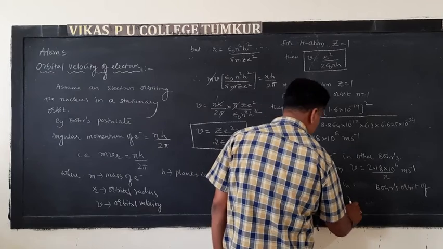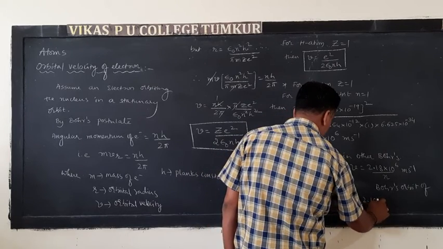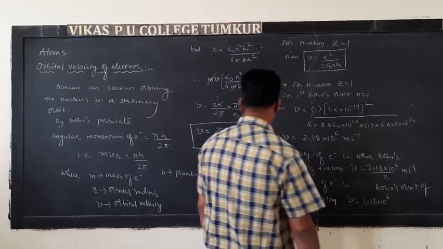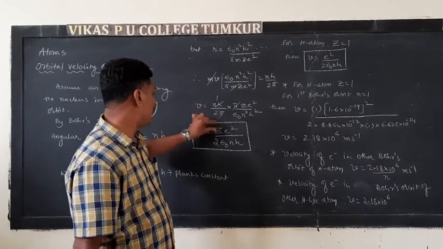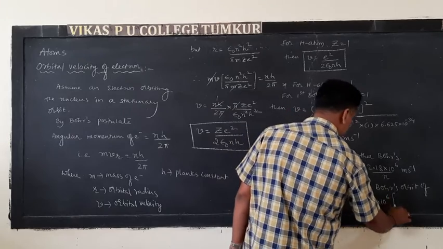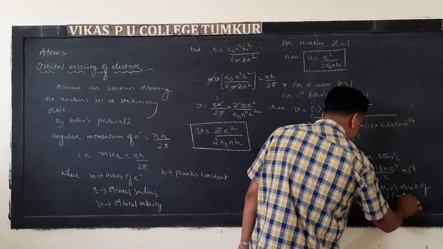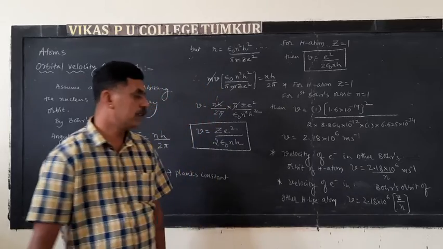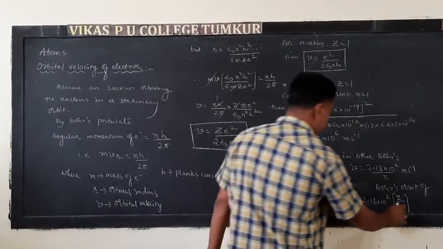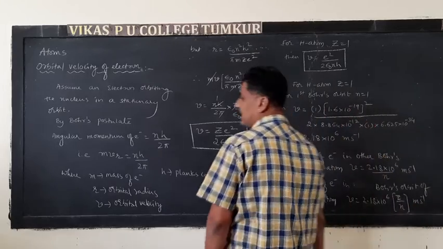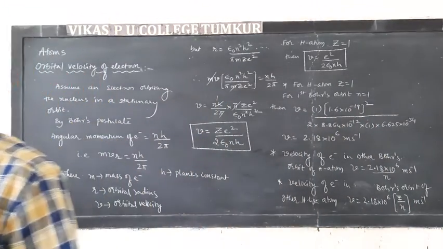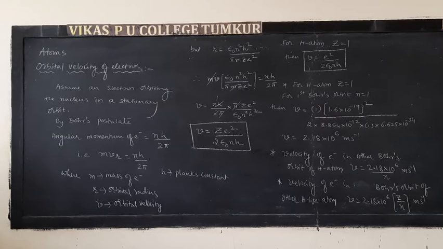I am going to get v is equal to 2.18 into 10 power 6, the same constant, with z as an extra factor here, by n. So this is meter per second. So this is the velocity of electron in hydrogen-like atoms. This is somewhat an important derivation, somewhat an important expression that you need to remember.